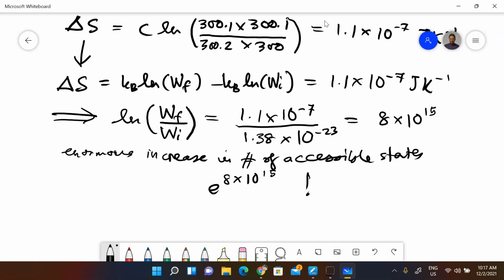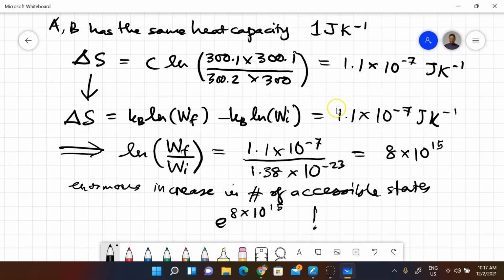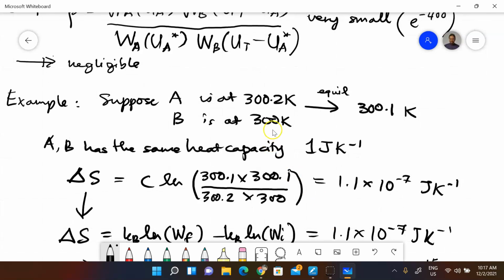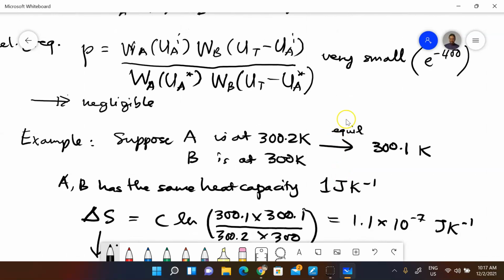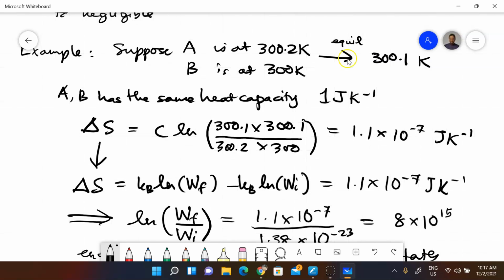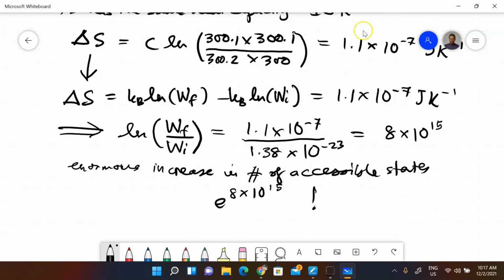Now, perhaps what we can experiment with is to make this difference in temperature smaller and smaller. So let's try to do that. Slowly, so I cannot respond too fast.